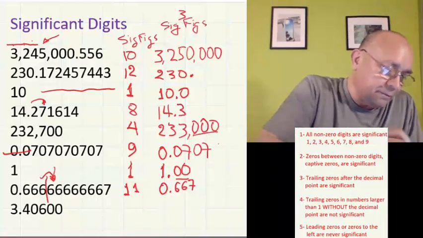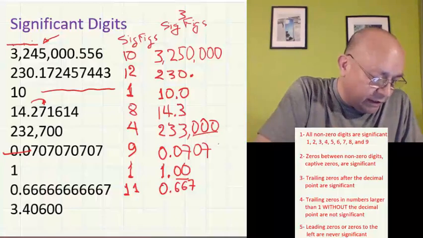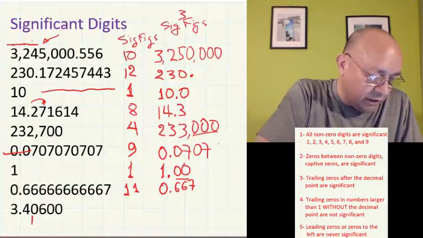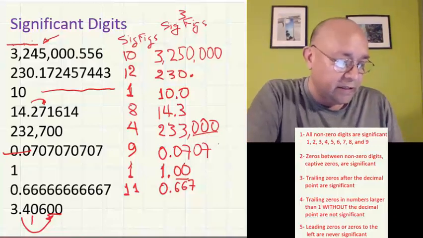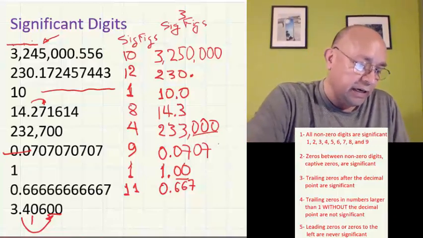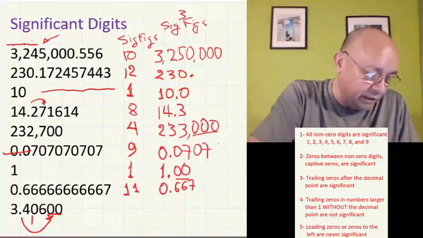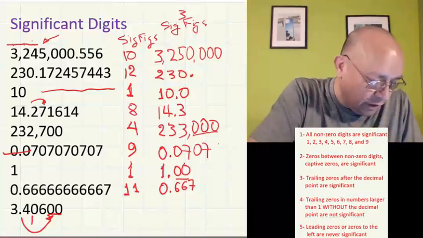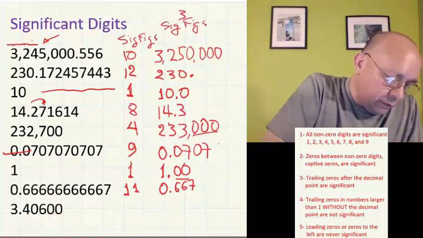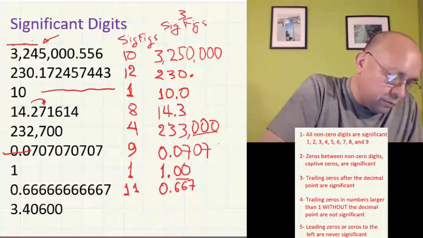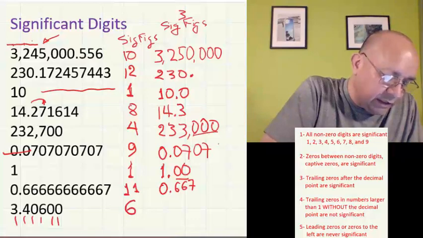The last one. How many significant digits? This 0 is captive, so it's significant, and these 2 zeros are to the right of the decimal point, or they are trailing zeros after the decimal point, so they are significant too. So all those zeros are significant. Therefore, we have here 1, 2, 3, 4, 5, 6 significant digits.